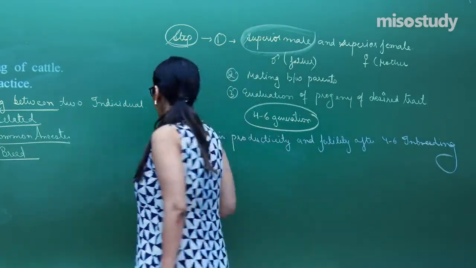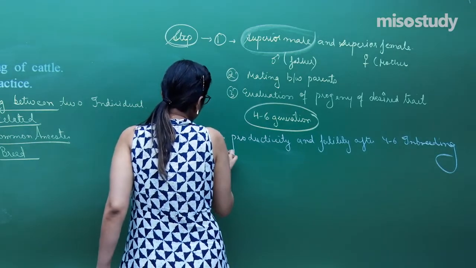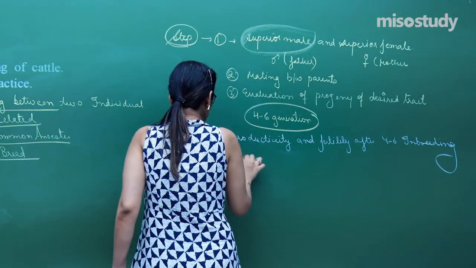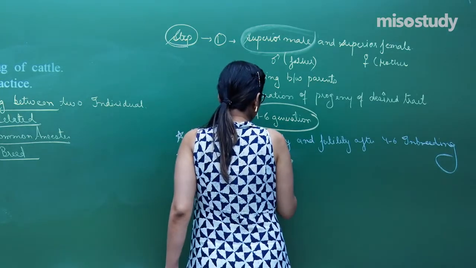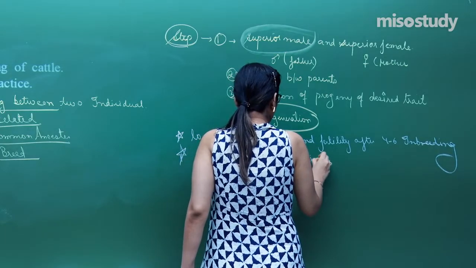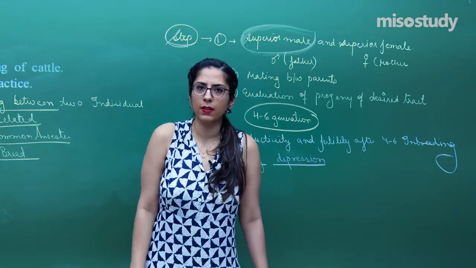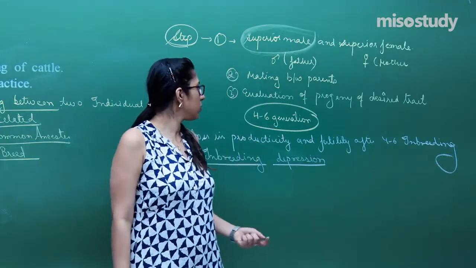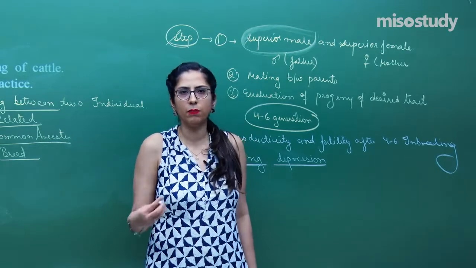This is the major consequence. Another consequence that you all must have heard is inbreeding depression. We have discussed it in sessions. These are the 2 different things which you have to explain, right? Inbreeding depression and also decrease in productivity and fertility after 4 to 6 generations of inbreeding.